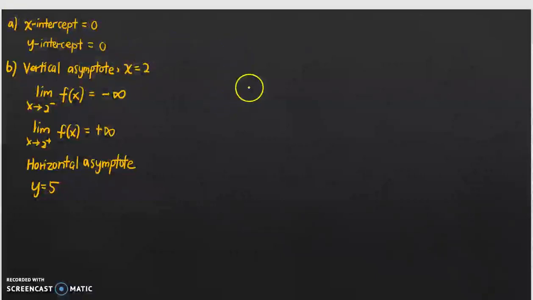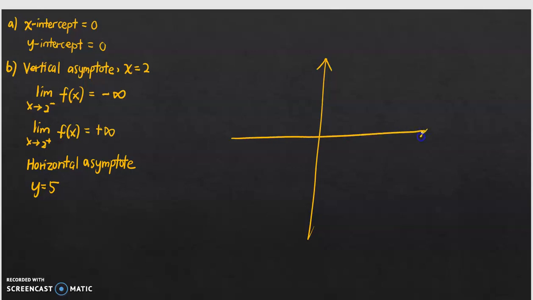So now we try to sketch the graph. I have a y-axis and an x-axis. Our vertical asymptote is at x = 2. So here is 1, here is 2, and this line is x = 2.